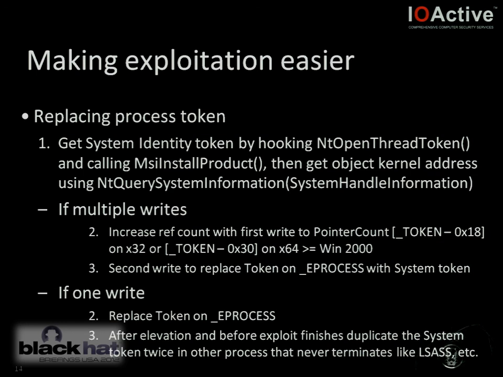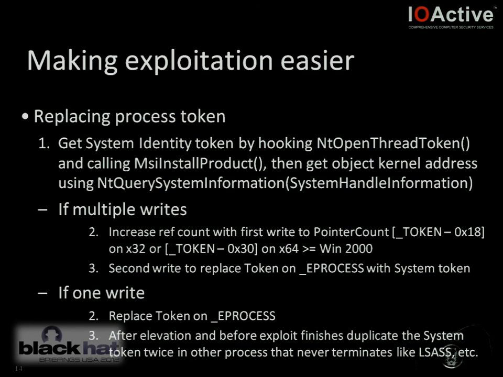In this case, there is an API called MSI install product. So from a low privilege process, you can call that API. You will need to hook NtOpenThreadToken in order to know where the token is opened and avoid that token being closed by your process.